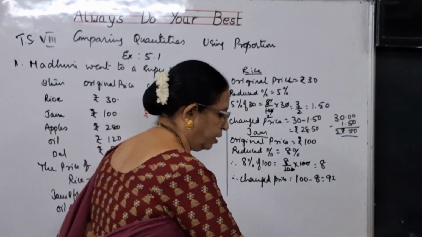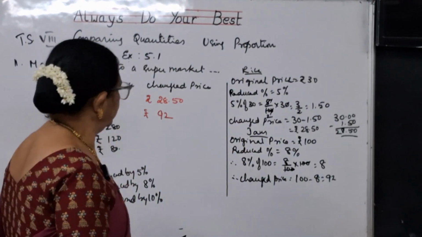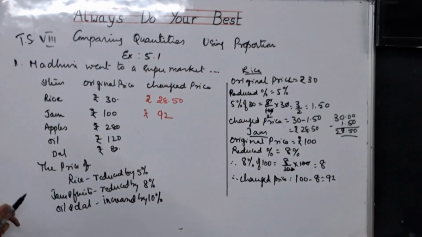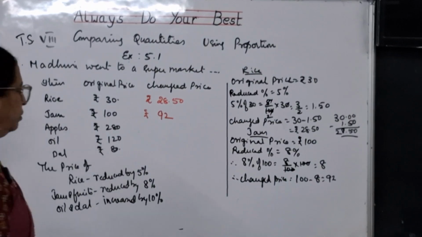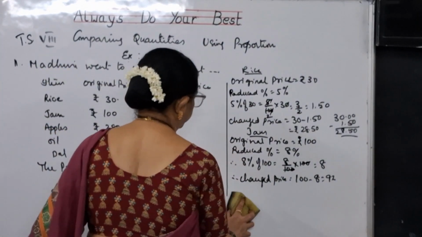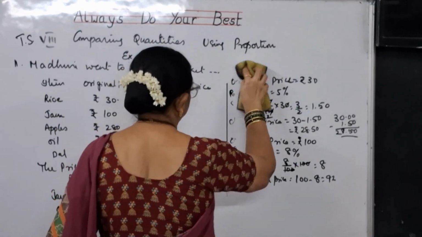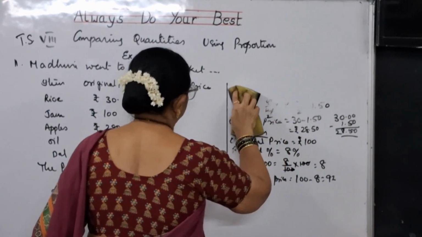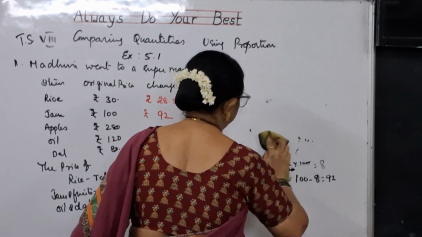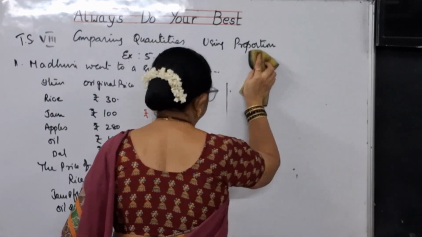So just to copy this, children, then I will go to the other part. I have no place. Now I need to do apples, oil and dal. So now let me see about apples.